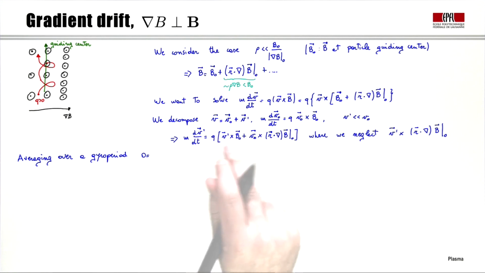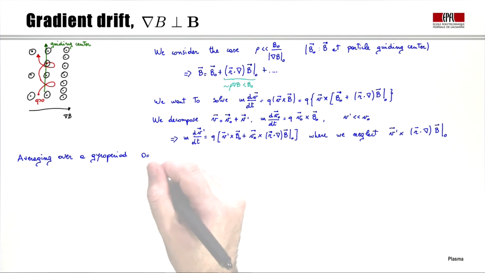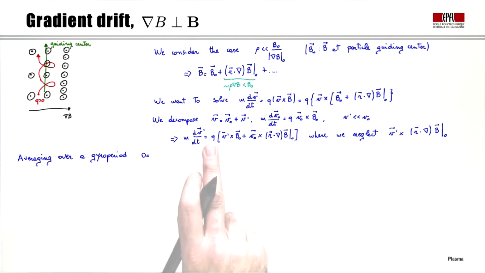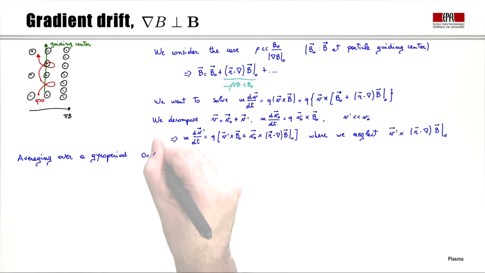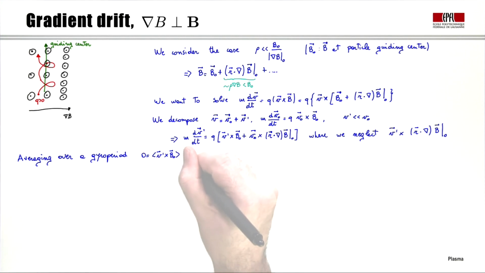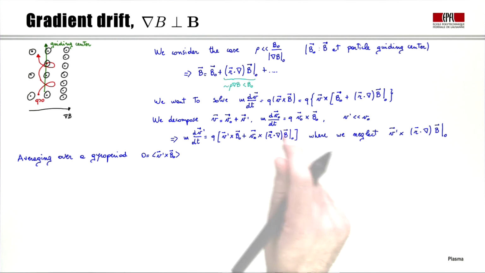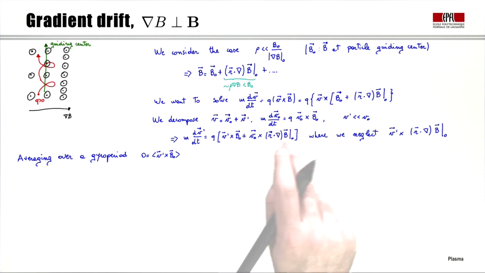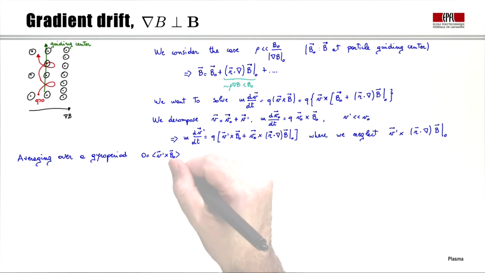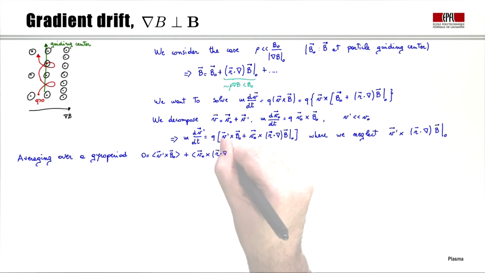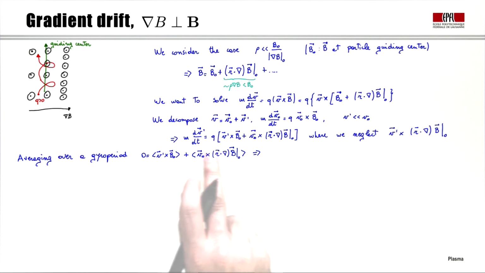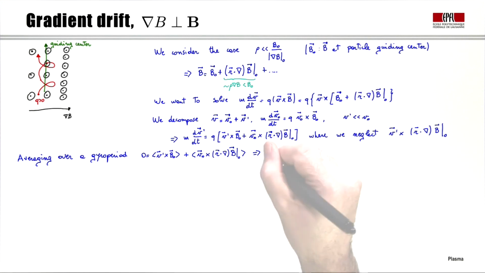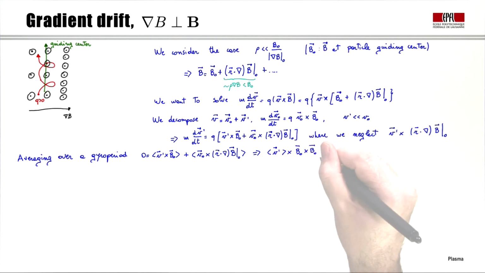The second one is all proportional to the charge, so we can drop the charge. We will have V prime cross B0 plus the zero average of the second term. And we can actually solve this equation by crossing it with B0 in order to get V prime.